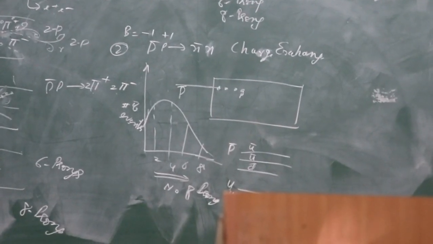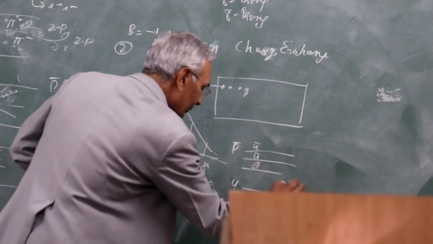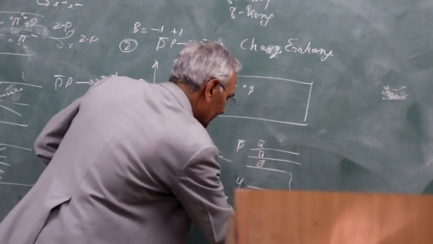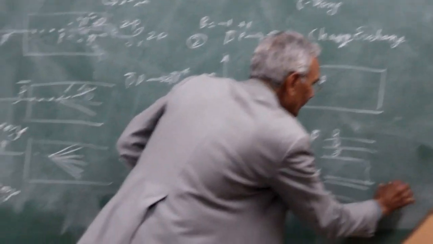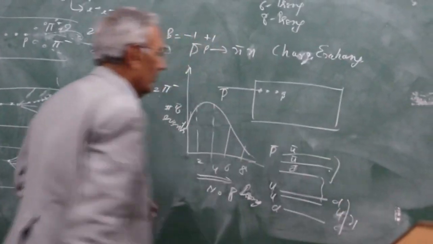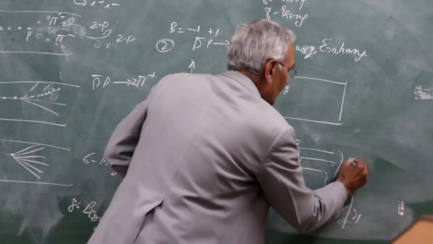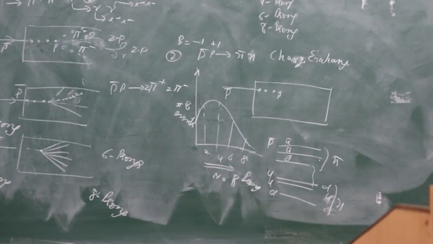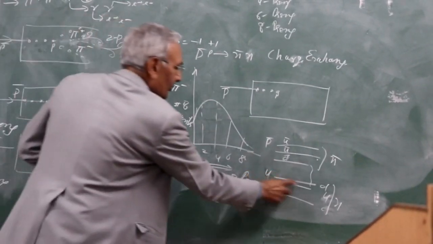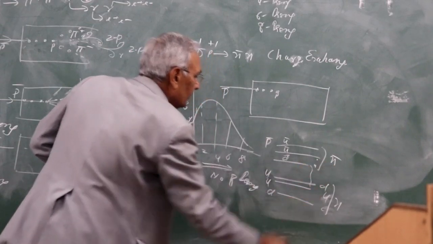So on interaction, one of them would be going, this becomes your D, and this becomes your neutron, and this will become your N bar. Okay, so this U will be converted to D, and this will become your U.